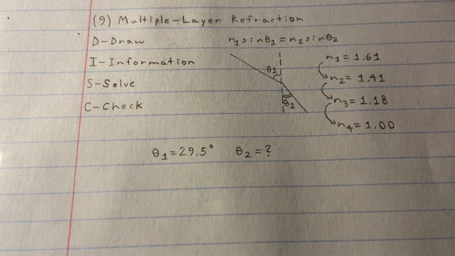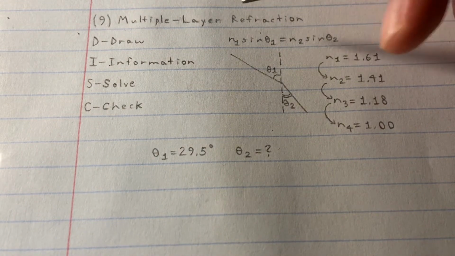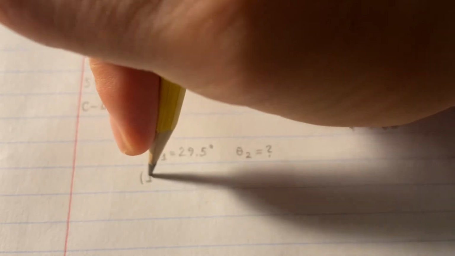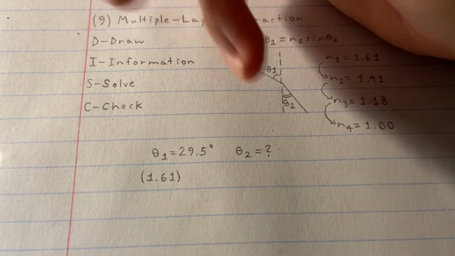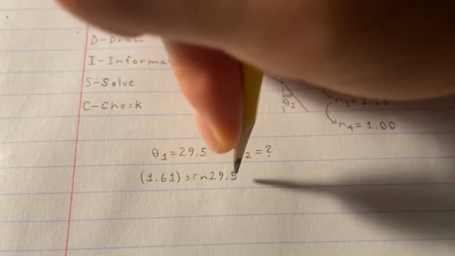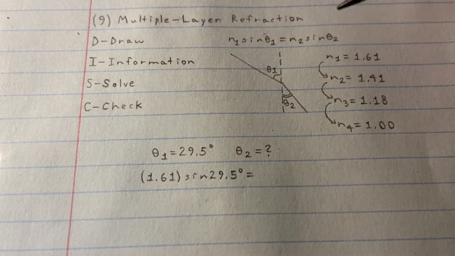Now, we do know that n1, our first index, is 1.61. So that will be, applying the equation I've written here, our initial index. And then our first angle is a given. And now we're going to be jumping.